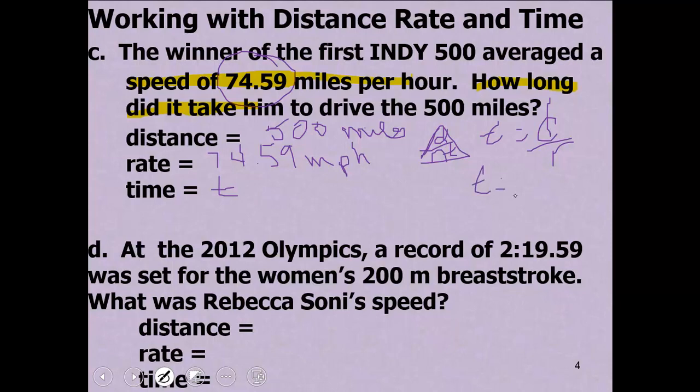So time is equal to 500 divided by 74.59. And when you do that, you get 6.7 what?